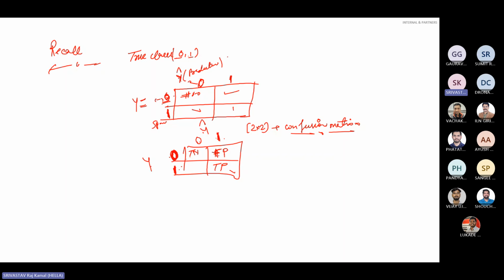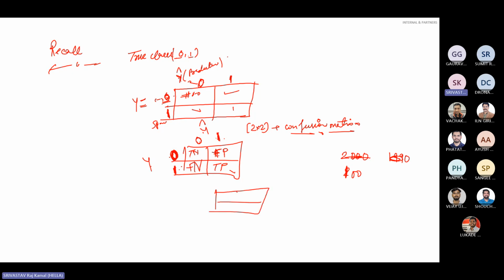So 1, 0 means false predictions. Model predicted 0 means negative. So these categories are known as false negatives. So this is how we divide numbers into here. So for example, I was working on this 20,000, I will keep the same example, or maybe take a better example, 100 data points.